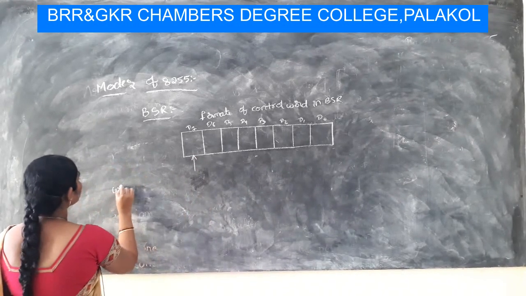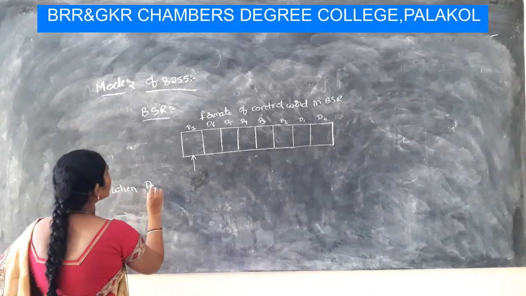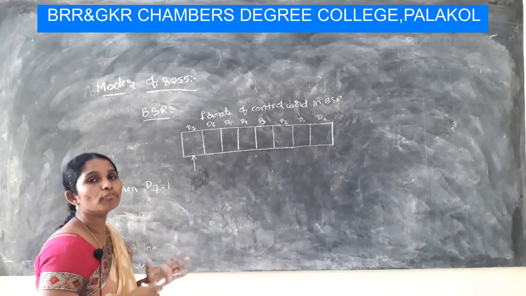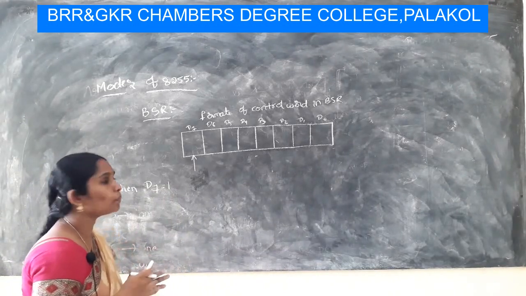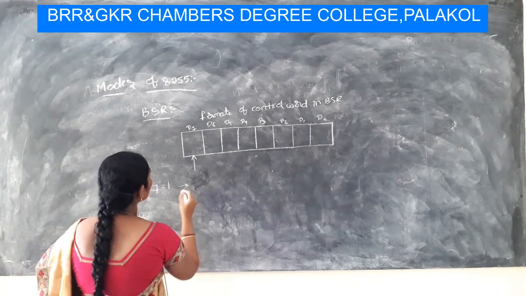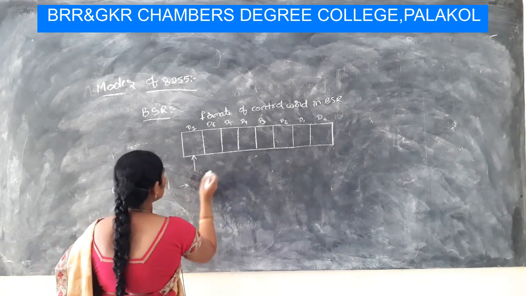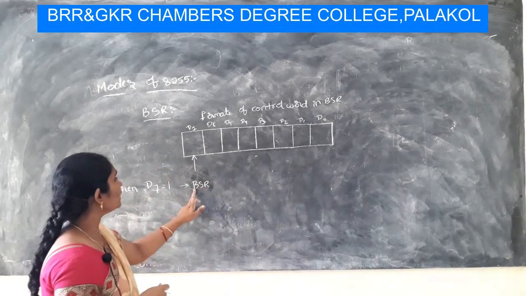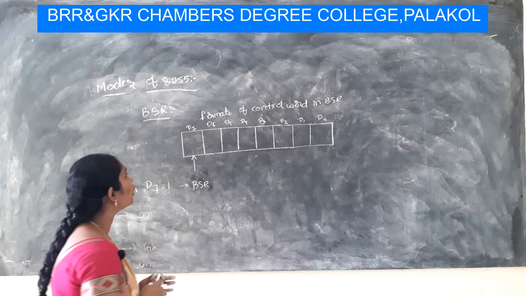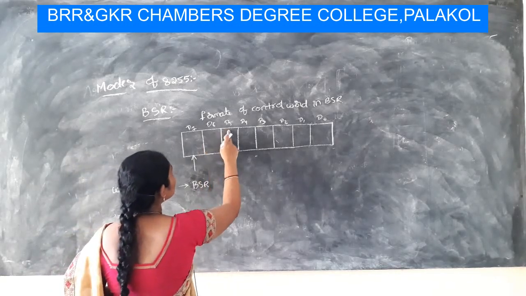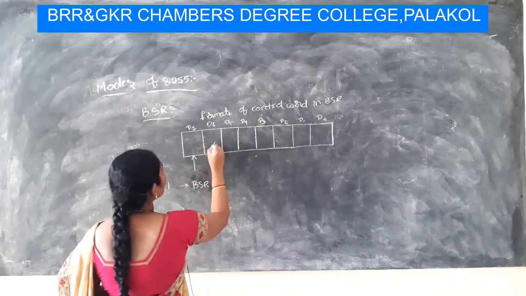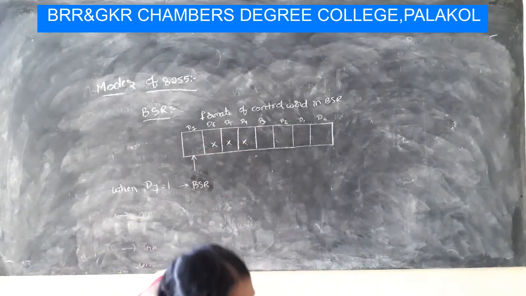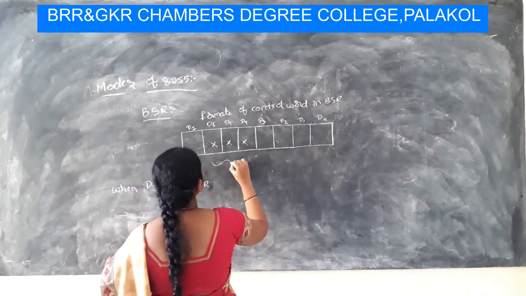When the D7 bit is equal to 1, the 8255 operates in the BSR mode, that is bit set and reset mode. And the next ones, D6, D5, D4, are don't care conditions. So these 3 are don't cares.